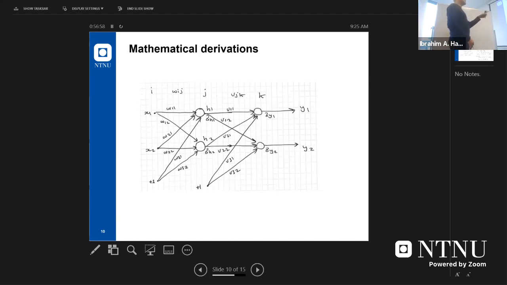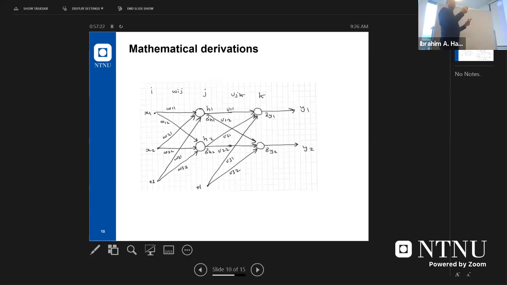If I want to find the output, it will be net, which equals omega x plus b. We should get 2 outputs here. Omega x will be 2 plus bias.